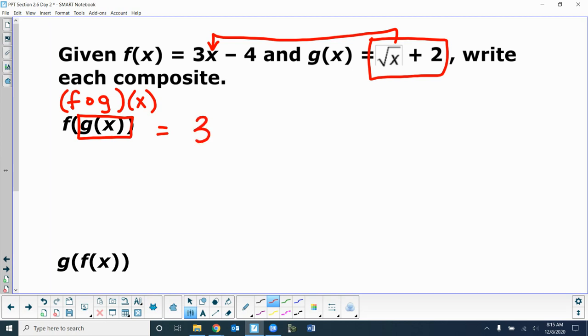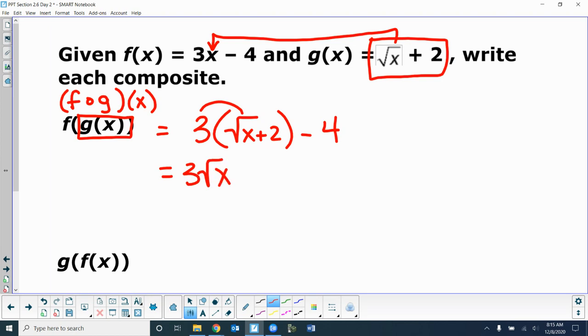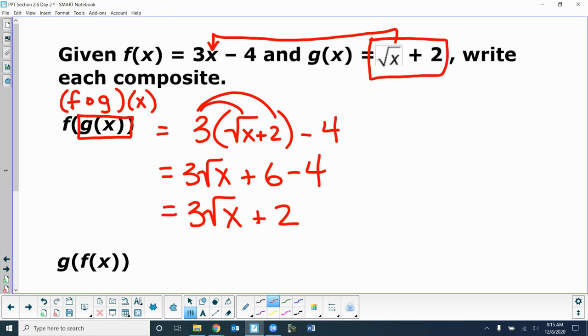So it's going to be 3, and I put that g of x in for x minus 4. So just distribute, which is 3 times the square root of x plus 6 minus 4. So that's 3 times the square root of x plus 2. That's as far as you go. Just simplify it. Does that make sense?